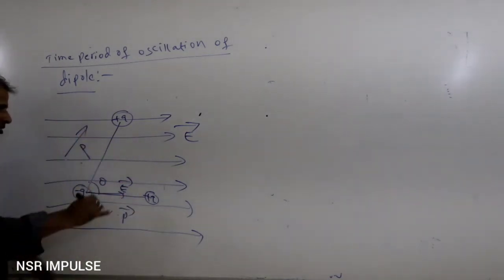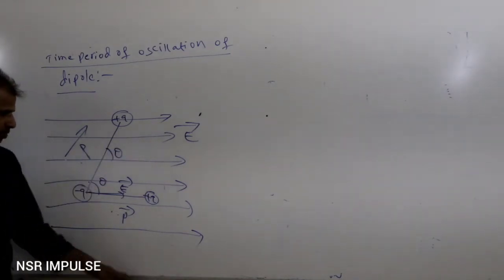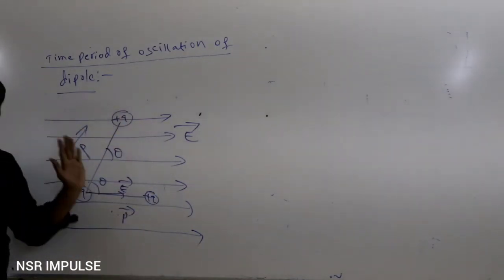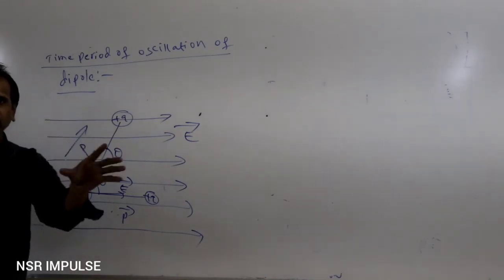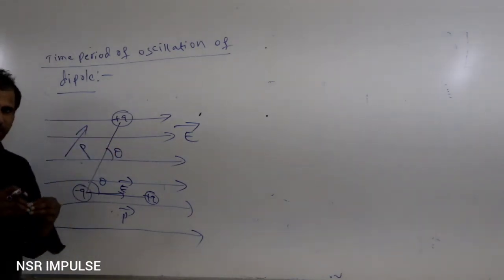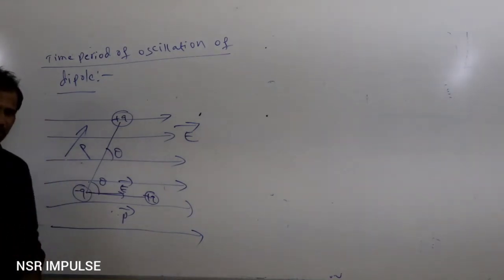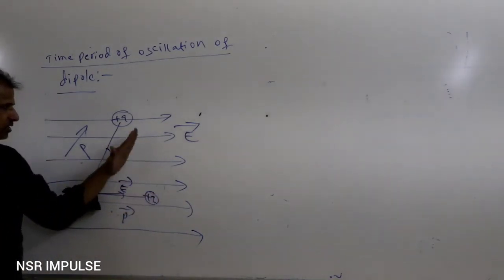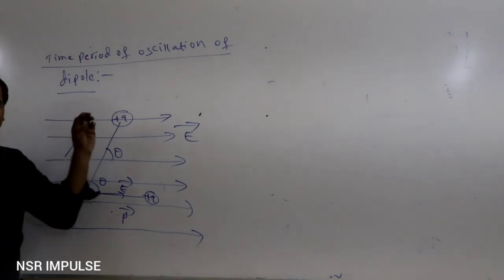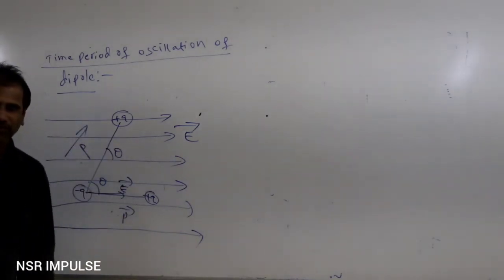So the dipole got rotated by an angle theta and it is left free. That means we applied a force or torque or couple or did work, whatever it may be. The dipole got displaced by an angle theta and left free from that position.